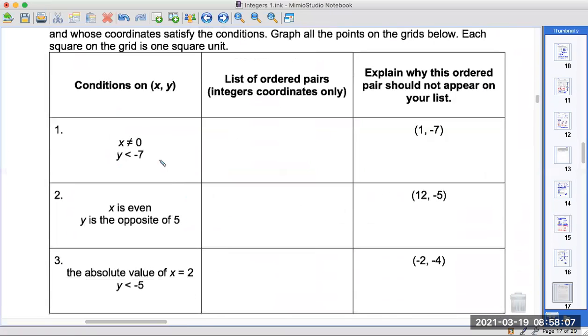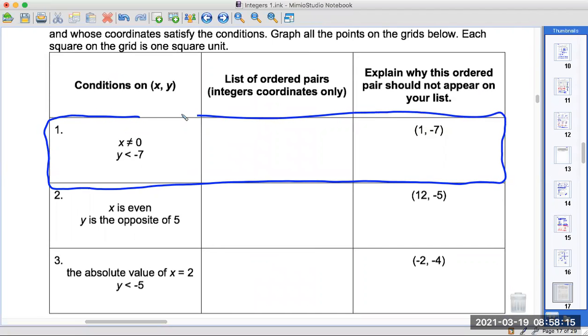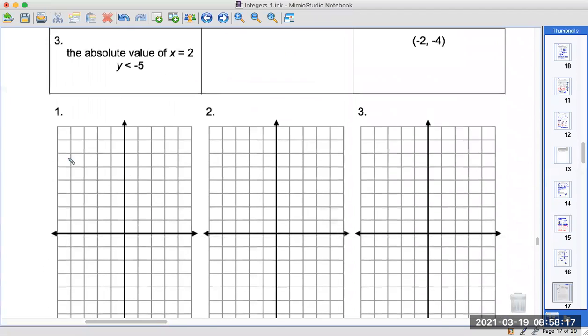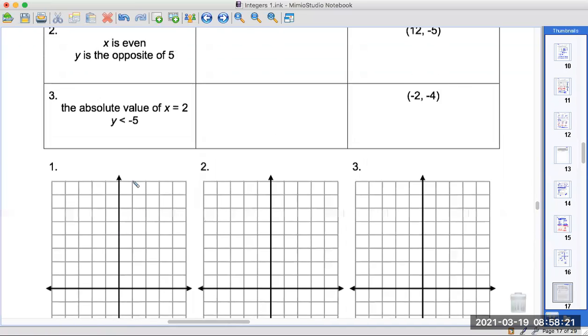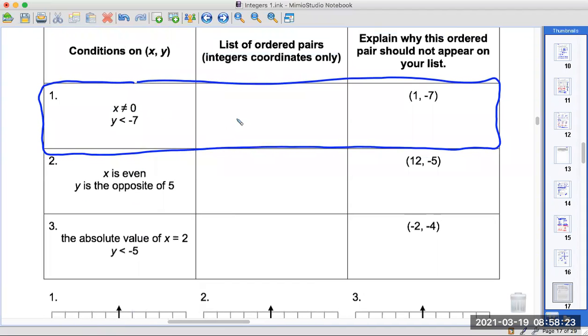Okay, so you're going sideways. So this is problem 1. This goes into this coordinate plane. Do you see? That's how you match it up. Let me get you started. List of ordered pairs, integers only. Remember, integers are whole numbers, including 0, including negative numbers.